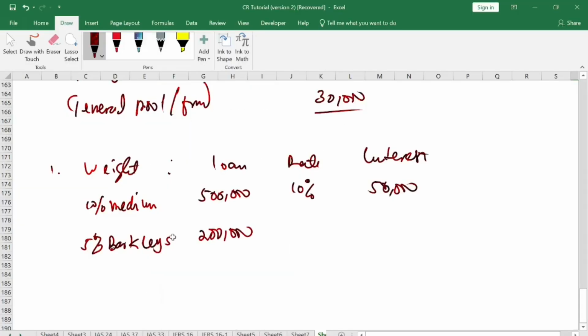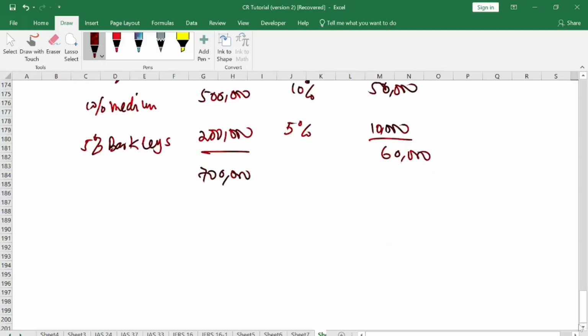So 5% on this gives us 10,000. So here gives me 60,000, and this also gives me 700,000. Okay, so now we can weight our interest. Weighted interest is 60,000 divided by 700,000 times 100%. All right, so that gives me what?